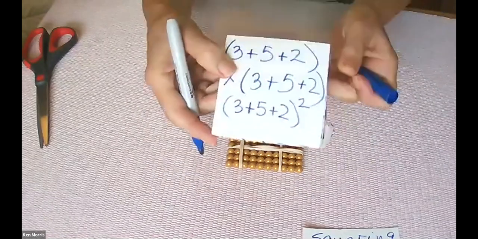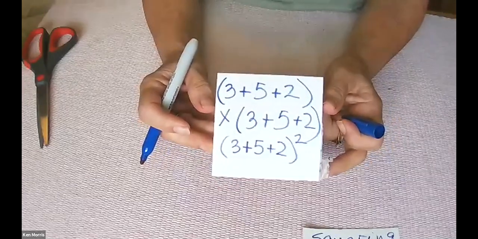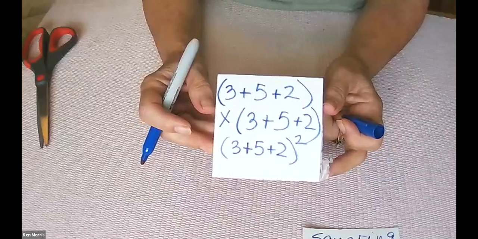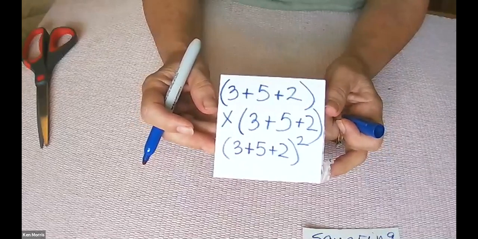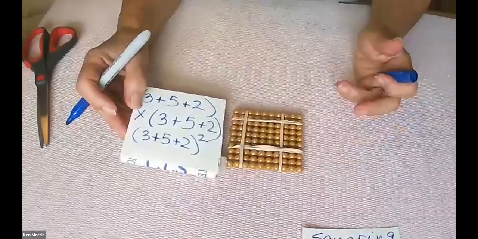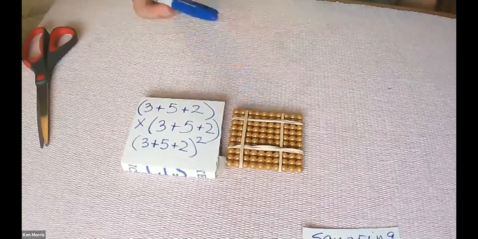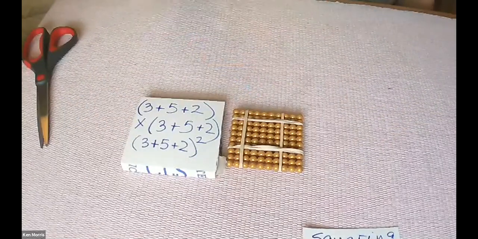Here we go. 3 plus 5 plus 2 squared. All right, so you see that so far we've done the same thing that we did before. It's just this time we've made more shapes, because we now have trinomials instead of binomials.